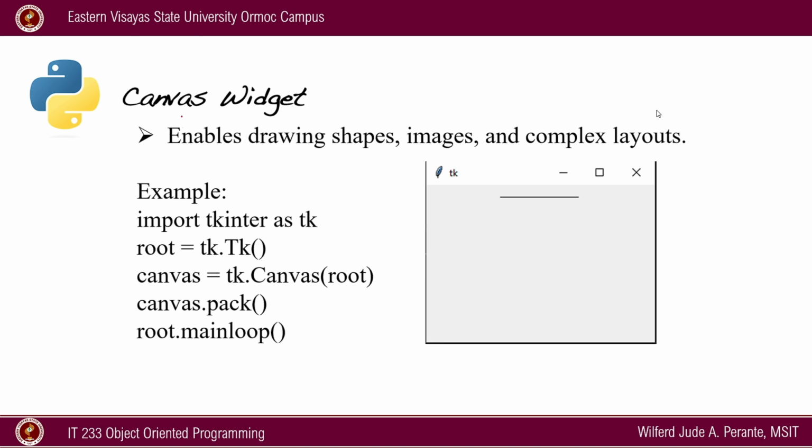Now let's proceed to the canvas widget. The canvas widget enables us to draw shapes, images, and complex layouts. It's a powerful widget for developing graphical interfaces, animations, and custom drawings.